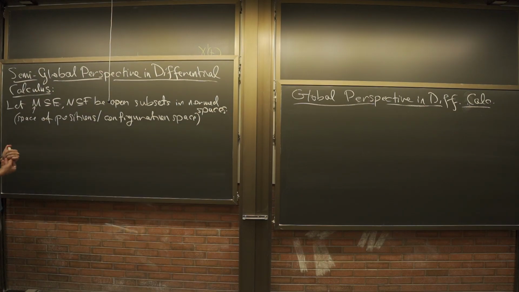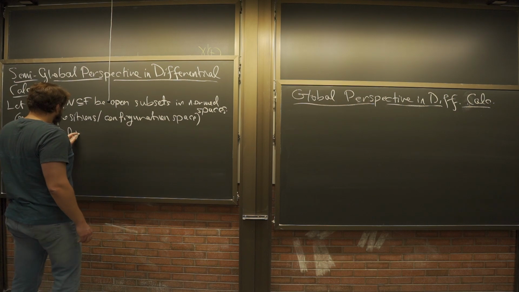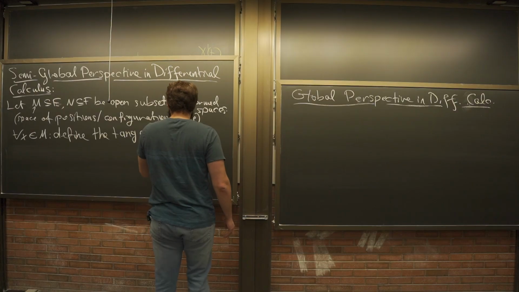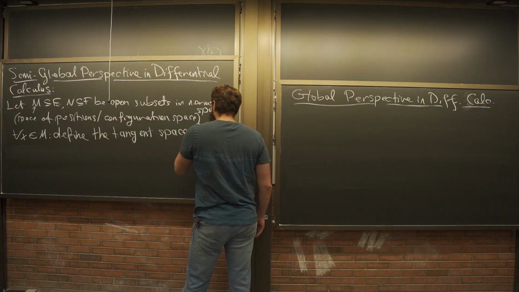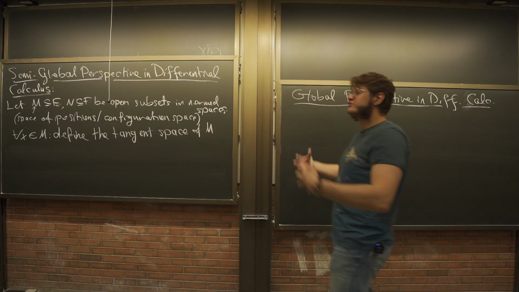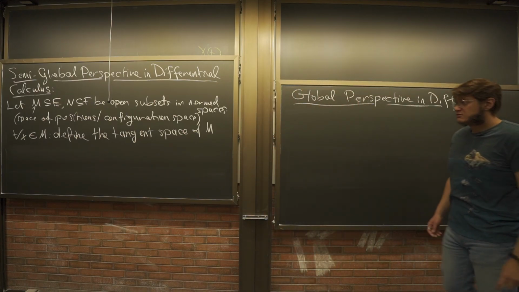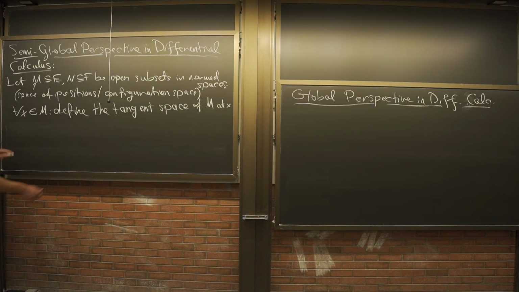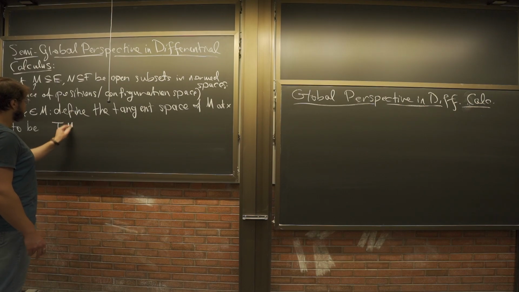So for each x in M, define the tangent space of M, the tangent space of this open subset itself, at x, to be, well, I'm going to denote it like this: capital T sub x next to M. This is a standard notation.